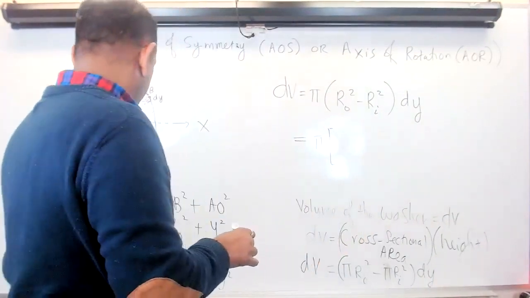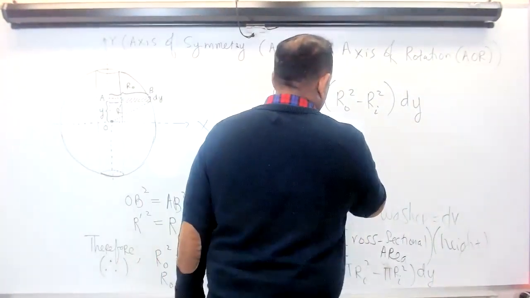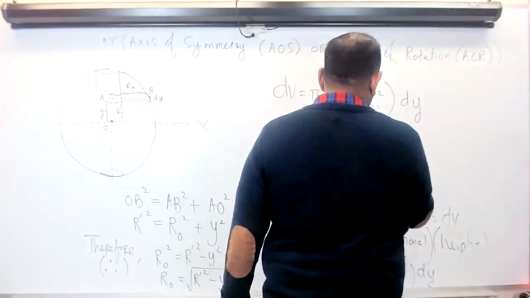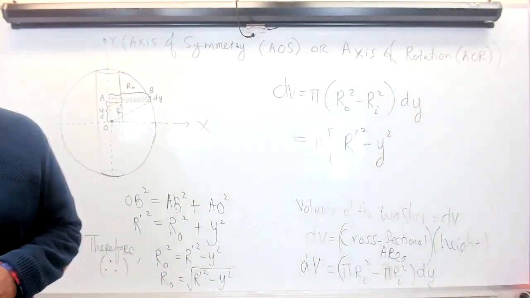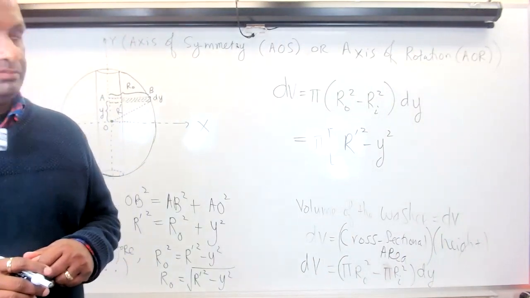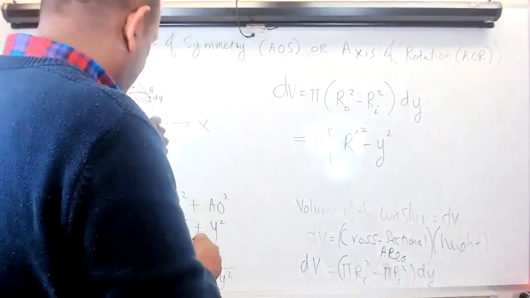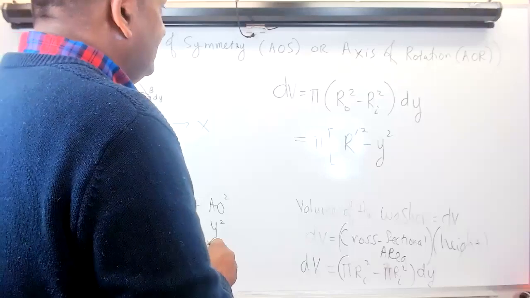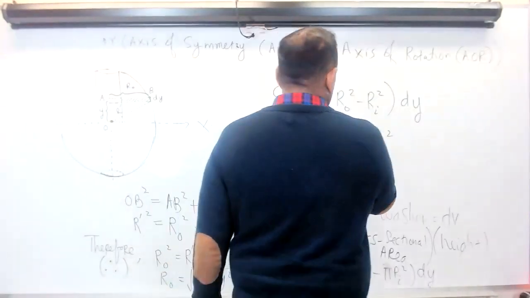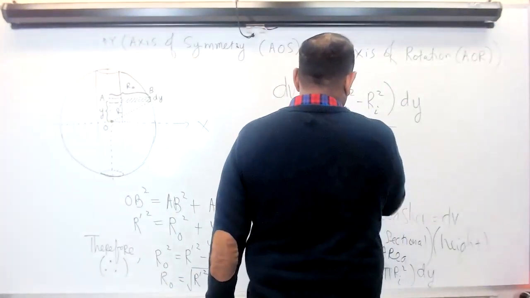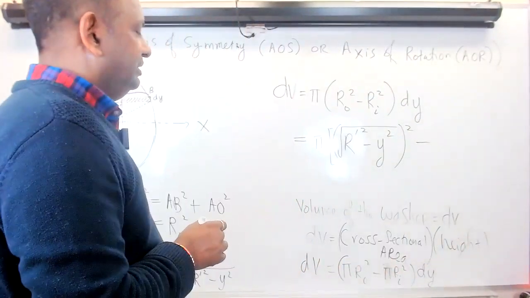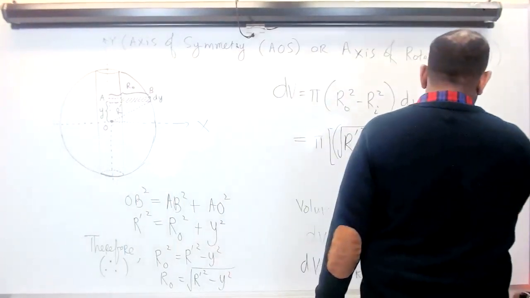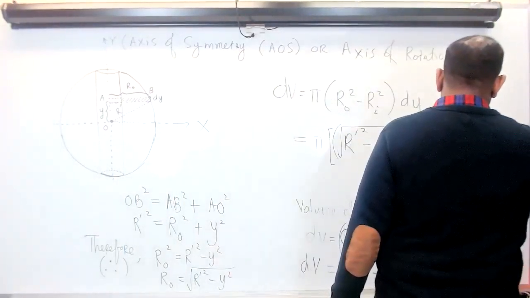R naught squared means R prime squared minus y squared, minus y squared. See, is that right? Because this one has to be square minus r inner is nothing but x squared. Can you remember? dy.